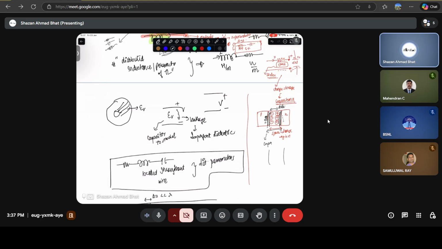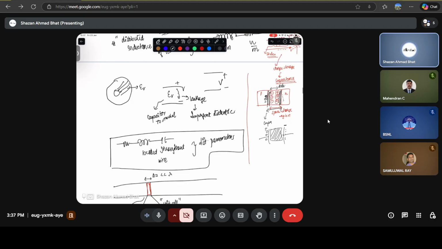So it acts like a capacitor, where these are holes, these are electrons, so these are positively charged, these are negatively charged, and in between you have a dielectric, which are immobile ions. And they basically give rise to a capacitance. So that's why you have the concept of junction capacitance, depletion capacitance in the diode.